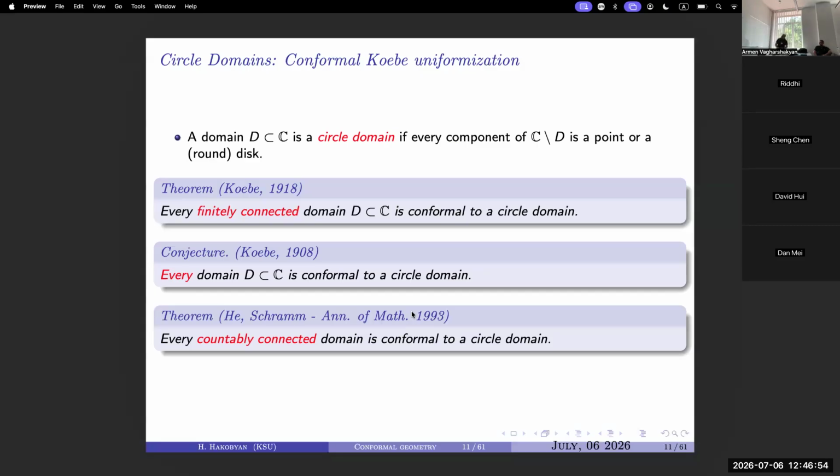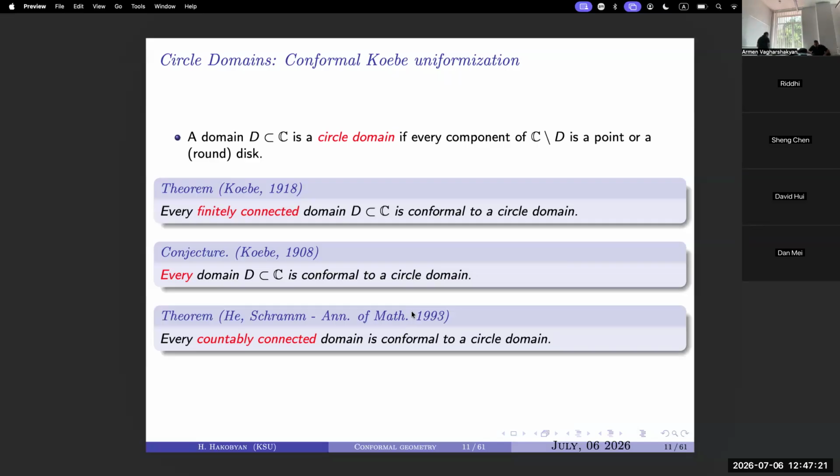There is also uniqueness, but I'm not going to talk about that. Clearly this is a generalization of the Riemann mapping theorem, because if you have one boundary component, you can map it to a domain bounded by one circle. And then Koebe conjectured that in fact every domain is conformal to a circle domain.